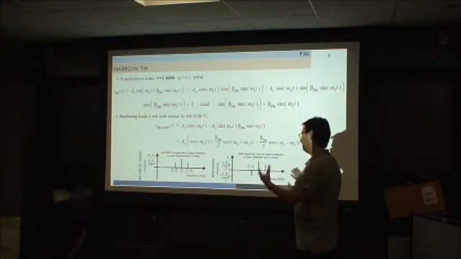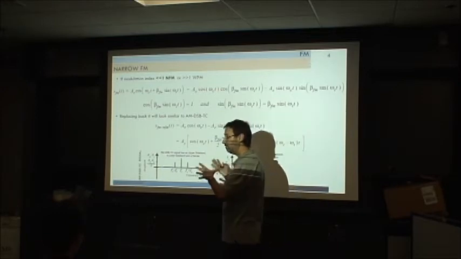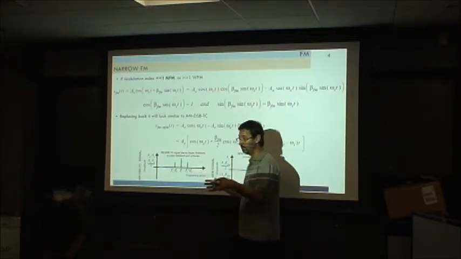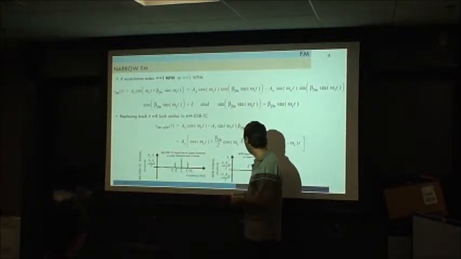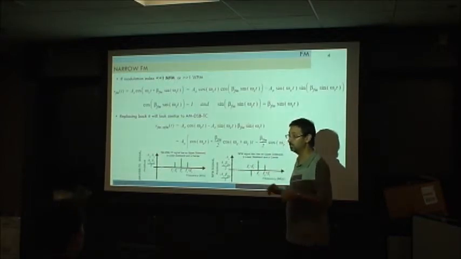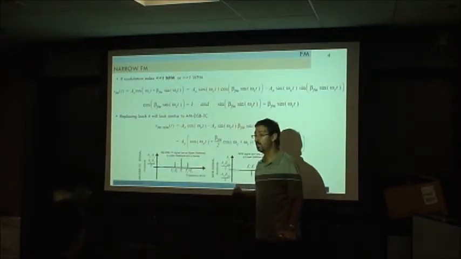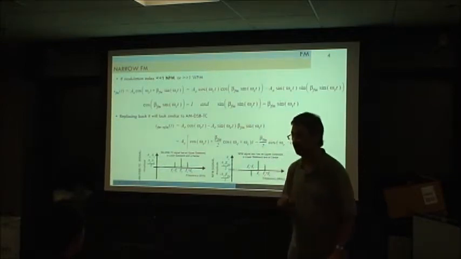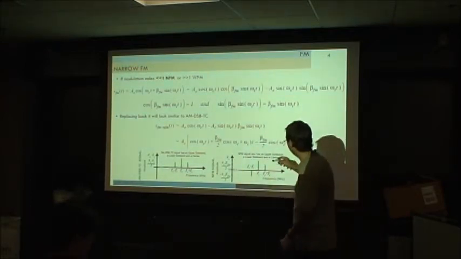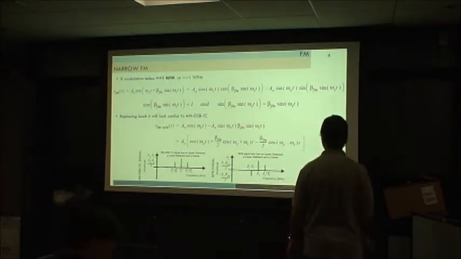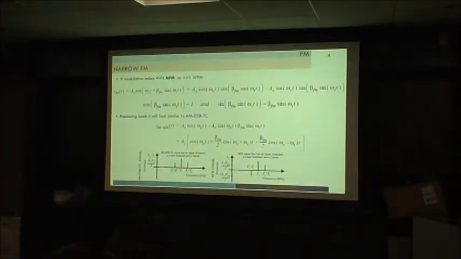So what I'm trying to tell you is that for a narrowband FM modulation, its spectrum will look similar to an AM dual sideband transmitted carrier, okay? With the difference that we have this minus there, okay? And what happens in the case of wideband?